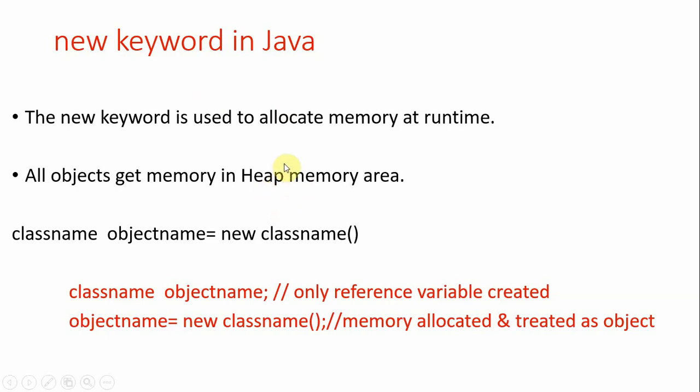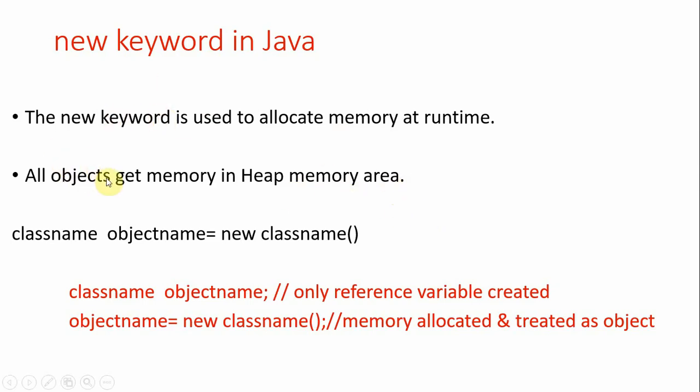When it comes to the heap memory area, the members reside in the system for a long time, so their existence will be long, and those can be stored in the heap memory area. So stack memory is for temporary data, heap memory for permanent data.